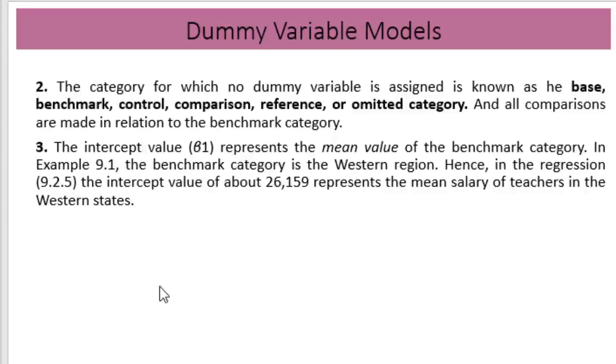The second precaution is that the category for which no dummy variable is assigned is known as the base, benchmark, control, comparison, reference, or omitted category, and all comparisons are made in relation to the benchmark category. In the earlier example, we used only two dummy variables, for the north as well as for the south. We have omitted the dummy variable for the west.